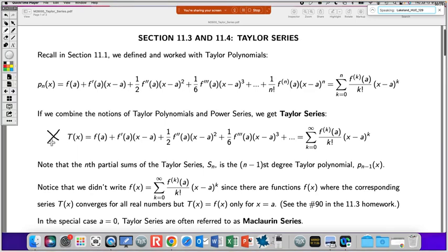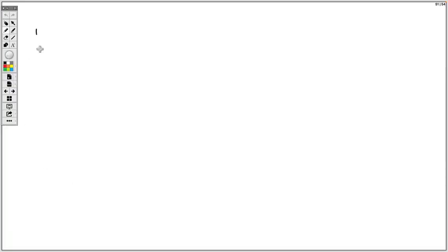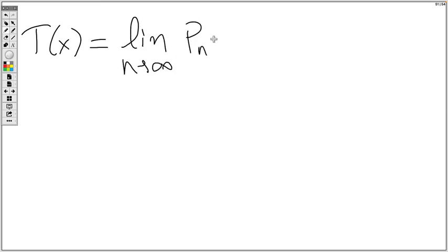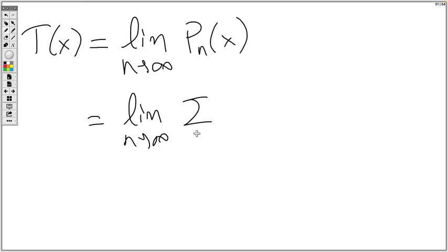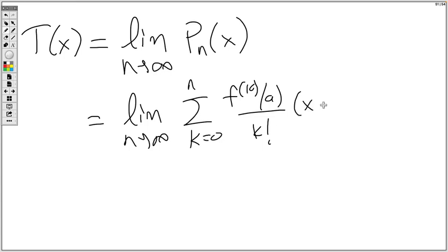The Taylor series T of x is defined as, or you could put a little letter a here if you want to indicate the center, the limit as n goes to infinity of the nth degree Taylor polynomial, which is the limit as n goes to infinity of the sum k goes from 0 to n, the kth derivative at a over k factorial x minus a to the k.